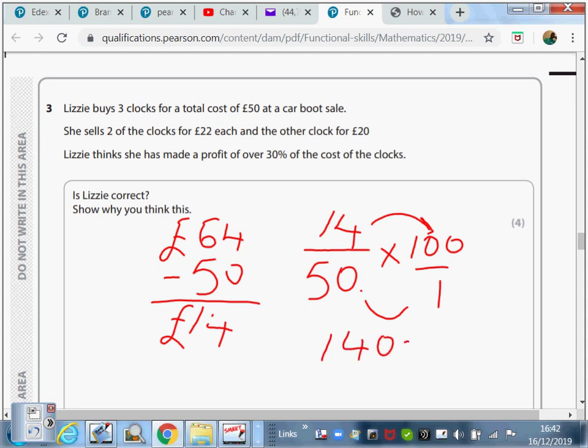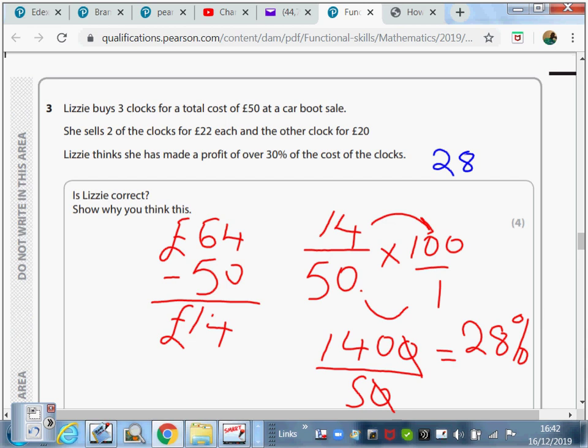Yeah. 1,400 divided by 50. How many 5s are in 14? It is 2. So how many 5s are in 40? It is 8. 28%.